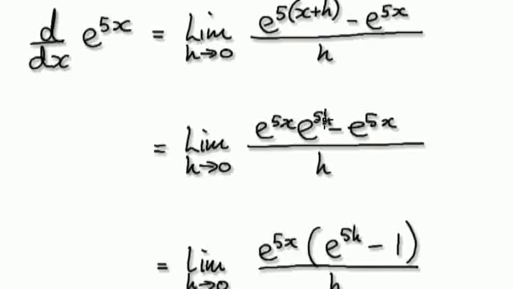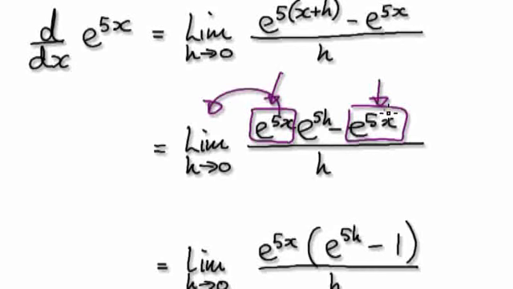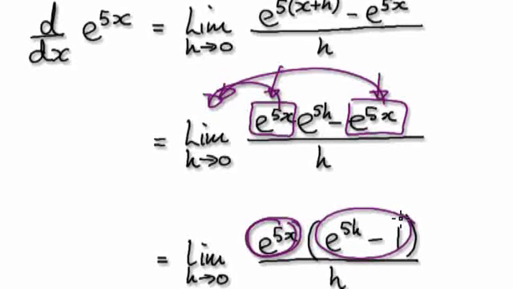Then notice that here you've got a common block, so you can factor out e to the power of 5x. That will then give you this times this thing here.